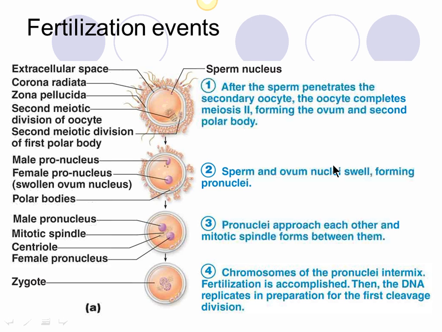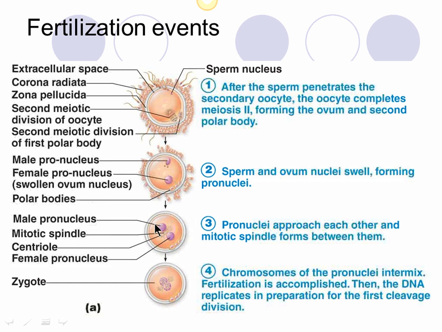And here are some of the events which occur after fertilization. So here we see the sperm nucleus has passed through into the oocyte. The moment it passes through the zona pellucida, the oocyte has been fertilized. The secondary oocyte completes its second meiotic division. Then the nuclei begin to swell, and they are known as pronuclei.